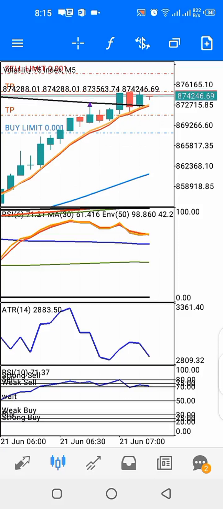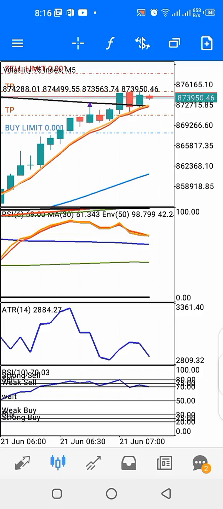All right, but price is presently around the middle, trying to go up. And you know, for the Volatility 75 Index, price normally makes a short range before the breakout, before it starts to go in one direction.